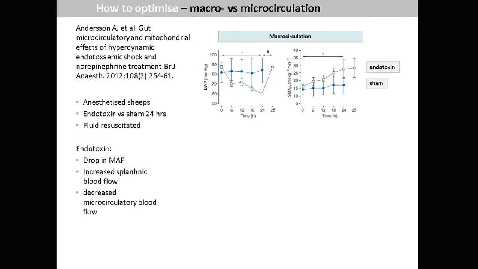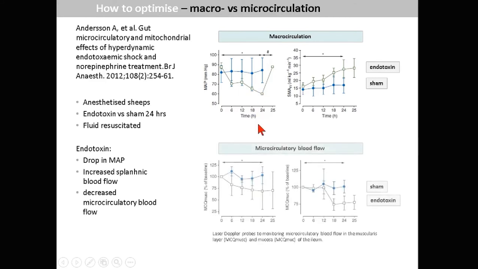Macro versus microcirculation. This experiment is on anesthetized sheep. They were receiving endotoxin, were fluid resuscitated, and macrocirculation was assessed with mean arterial pressure and superior mesenteric arterial blood flow. And in endotoxemia, the splenic blood flow went up as was expected, and mean arterial pressure went down. Then they gave norepinephrine for the last 1 hour here and restored mean arterial pressure.